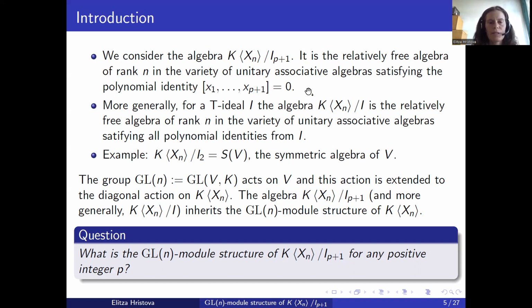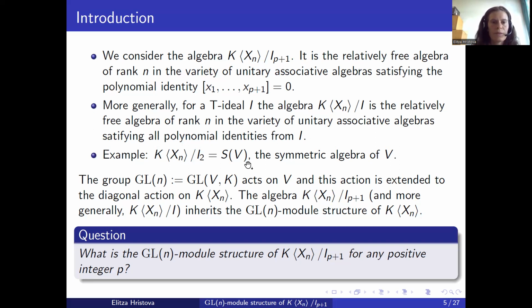And more generally, when we take any T ideal I, then the quotient of K of Xn mod this T ideal I is the free object in the variety of all associative algebras that satisfy the polynomial identities from I. And we can think here, as a starting example, of the symmetric algebra S of V, because it is the free object in the variety of all commutative algebras.